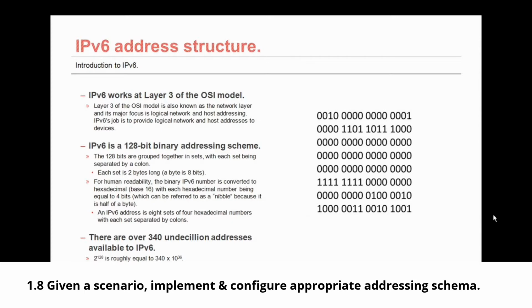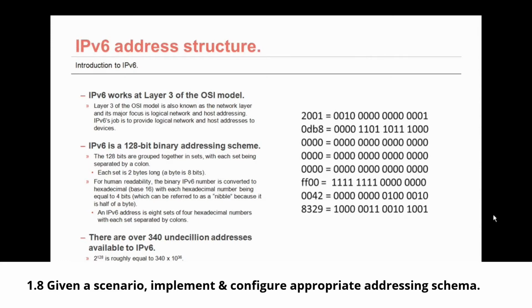IPv6 is a 128-bit binary addressing scheme as opposed to IPv4's 32 bits. The 128 bits are grouped together in sets, with each set being separated by a colon. Each of these sets is 2 bytes long, and a byte is 8 bits.